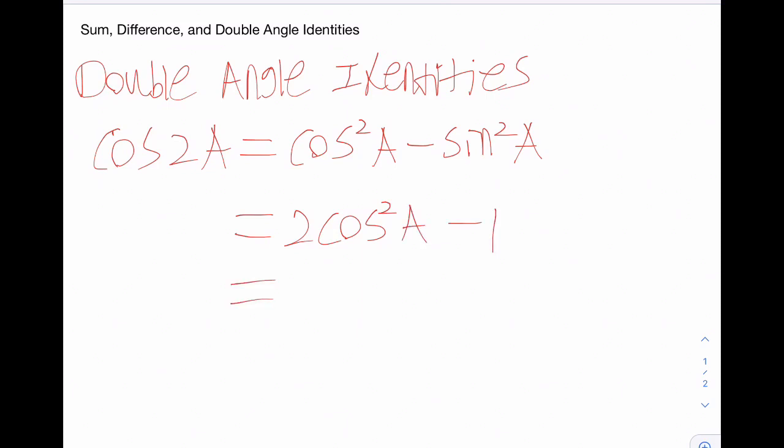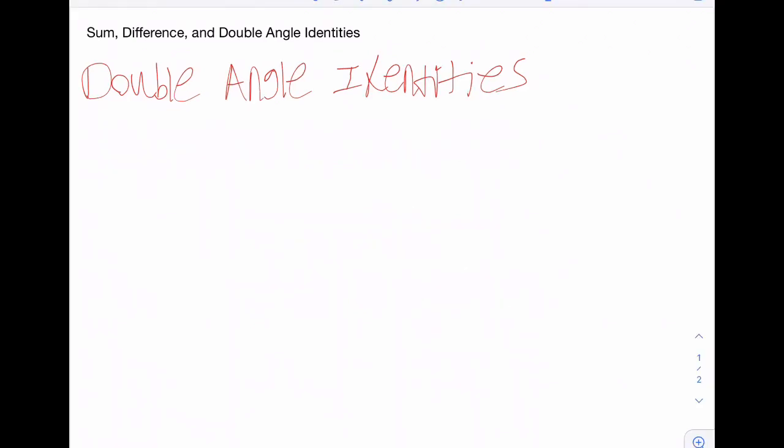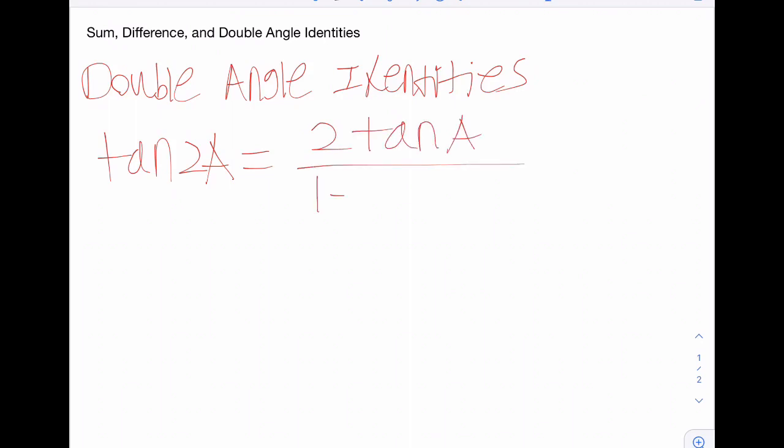And it can also be 1 minus 2 sine squared of A. Alright, now let's look at tan 2A. Tan 2A, if we expand it, will become 2 tan A over 1 minus tan squared A.